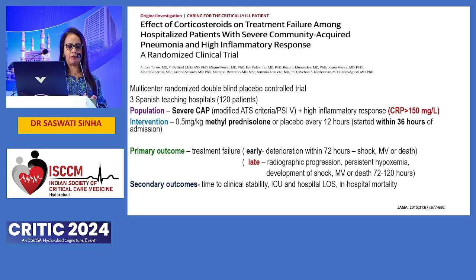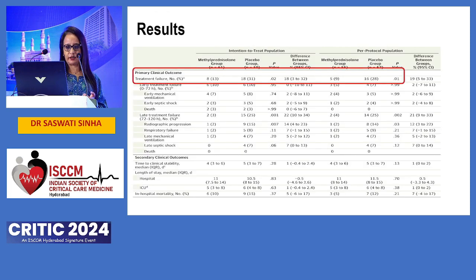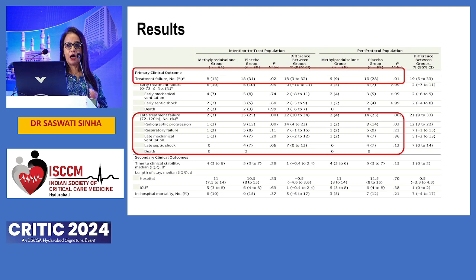So it could be early treatment failure leading to shock, mechanical ventilation, or death, or it could be a late deterioration which happened beyond 72 hours. They looked at certain secondary outcomes like time to clinical stability, ICU and hospital length of stay, and in-hospital mortality. They showed that there was a significant improvement with corticosteroids in the methylprednisolone group. However, it is important to see that this benefit was predominantly driven by a reduction in late treatment failure.